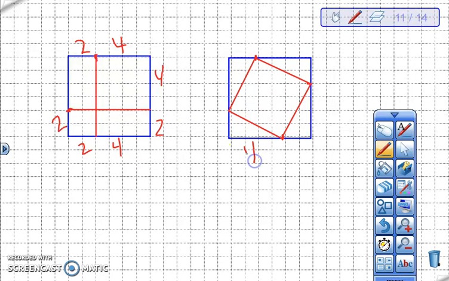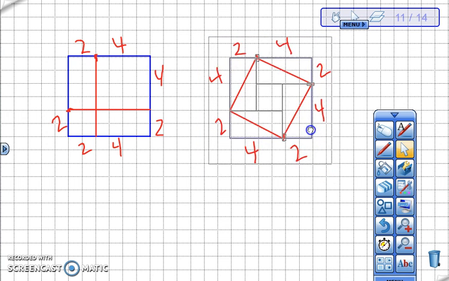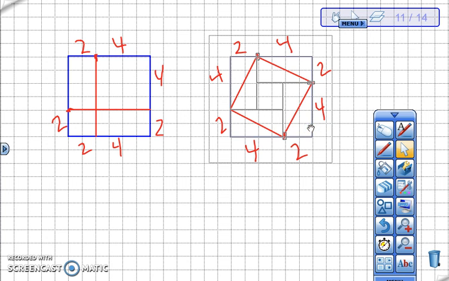Alright, so 4, 2, 2. Okay, so next thing we want to look at is the area of each set. Try to make that line up just to make it look a little bit nicer. There we go.